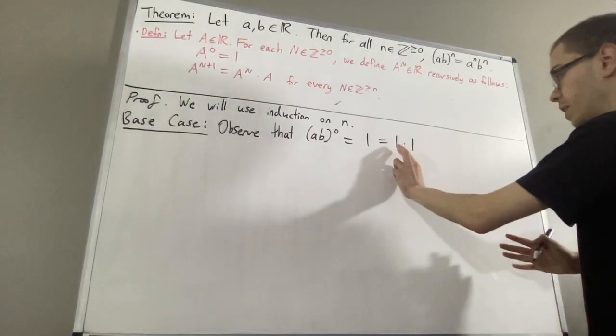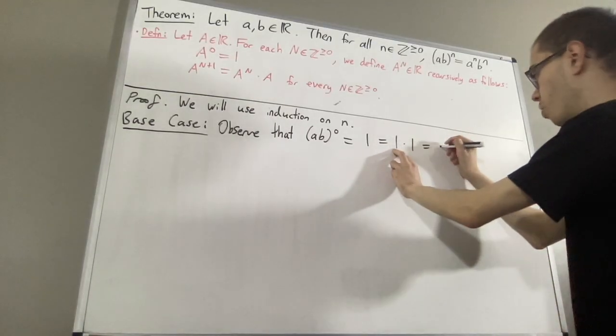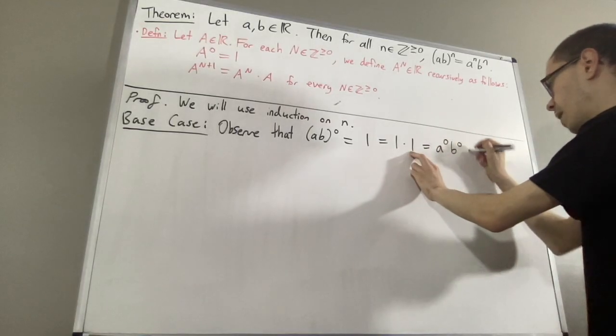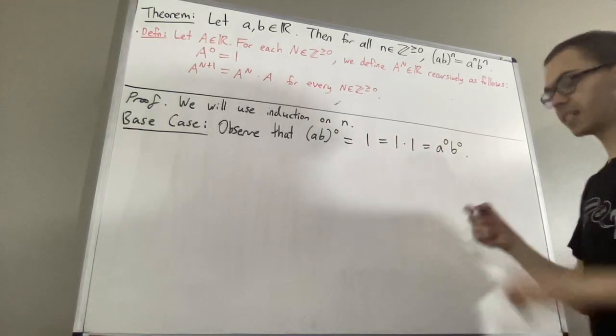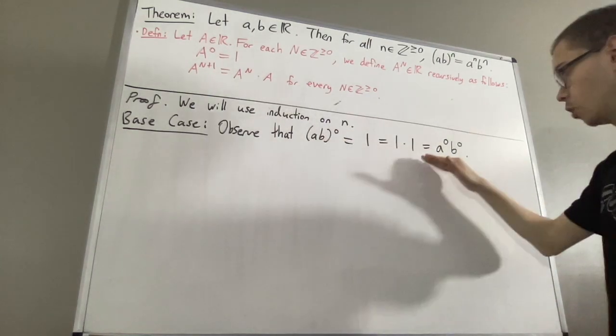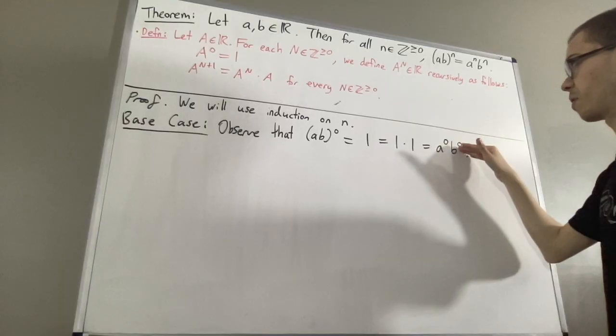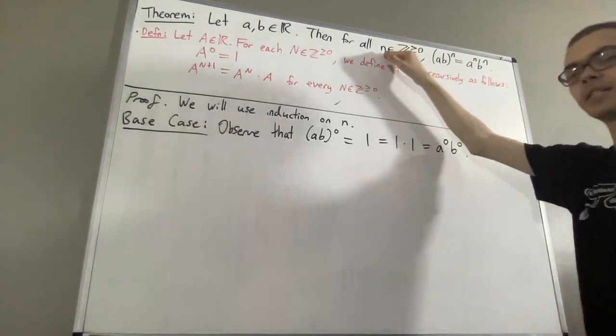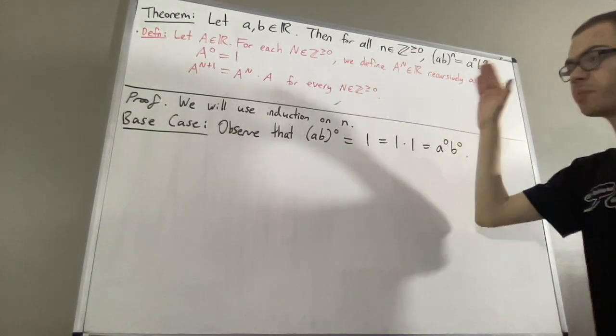So we can replace this 1 with a^0, and we replace this 1 with b^0. And that's it. We see that (ab)^0 is equal to a^0 times b^0. So we've shown that this equality is true in the case where n is equal to 0. So this completes the base case.